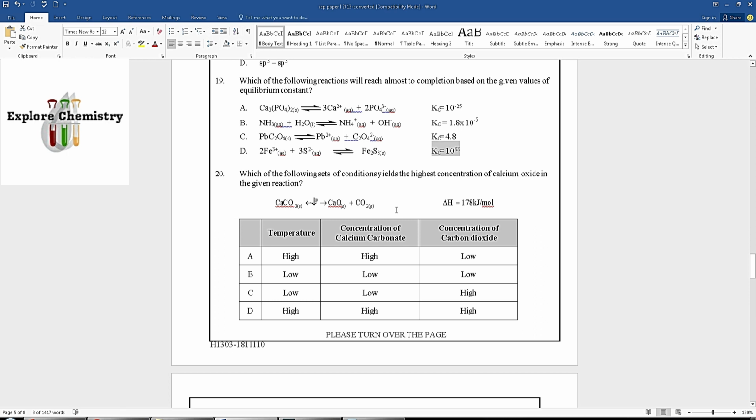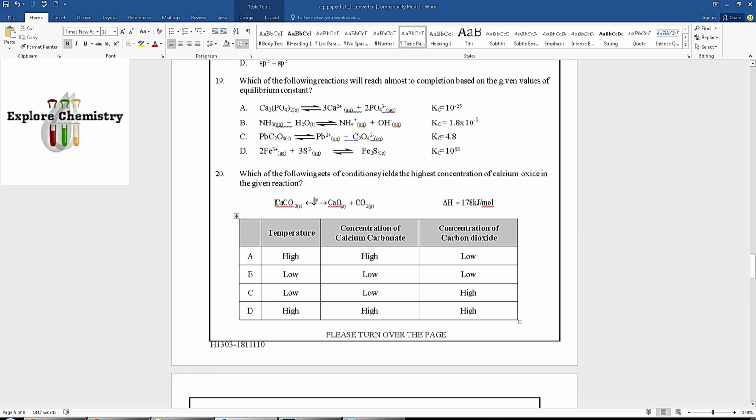Number 20, which of the following sets of condition yields the highest concentration of calcium oxide product in the given reaction? According to delta H value, the reaction is endothermic, so temperature should increase, so reaction will move in forward direction and calcium oxide will increase. So option A or D is correct.